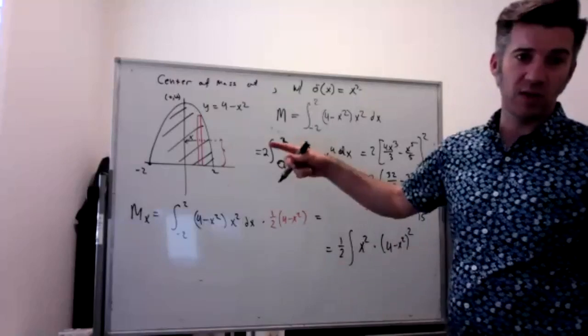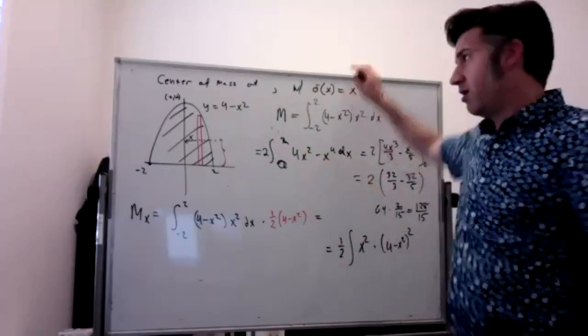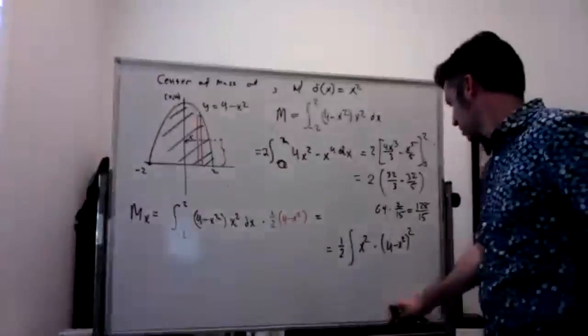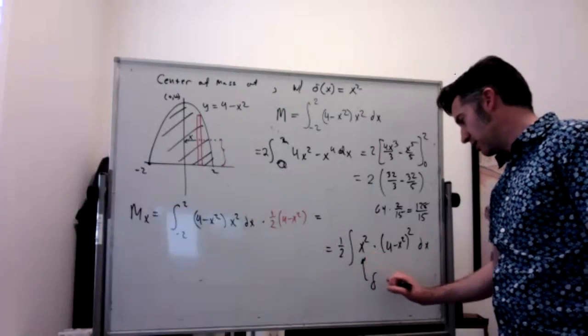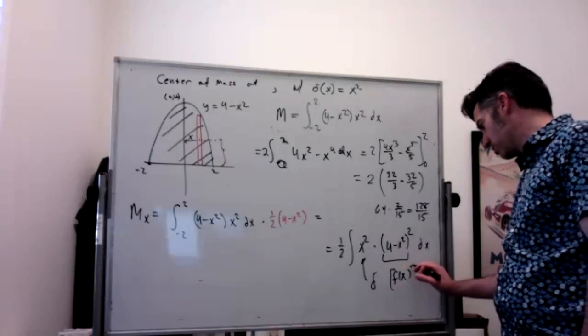It's really the top function squared minus the bottom function squared, but the bottom function is y = 0, so we don't have that, right? I erased that formula, sorry. dx, and that's your density. That's your f of x squared.